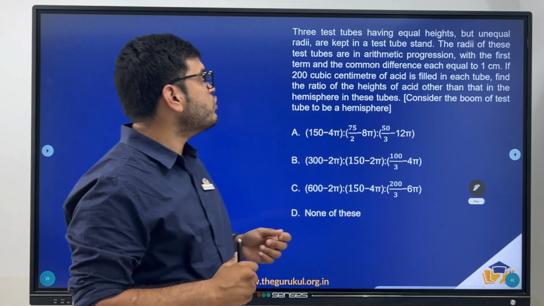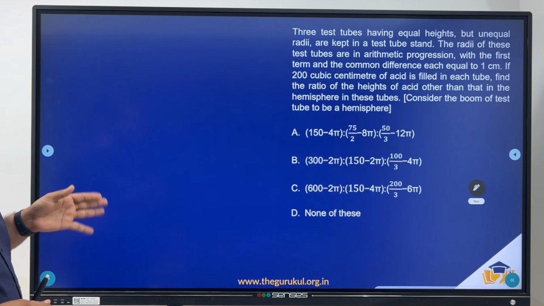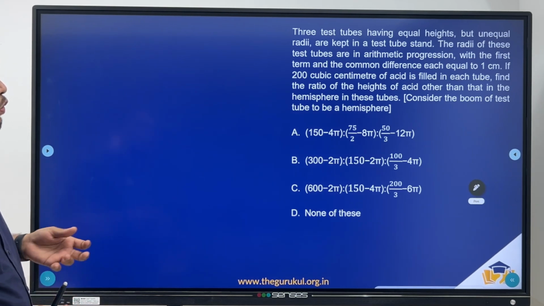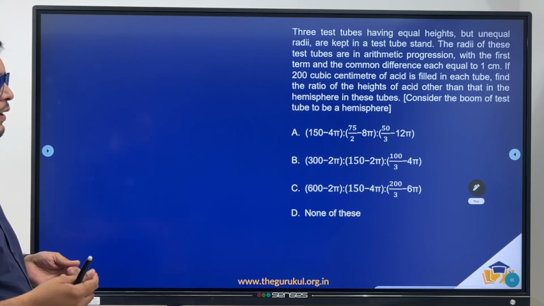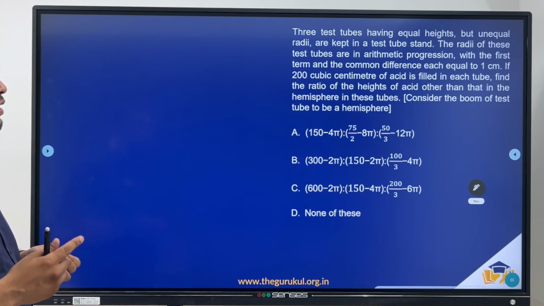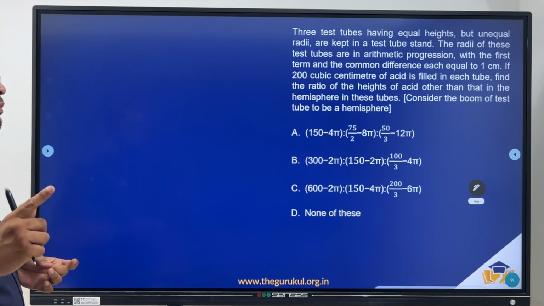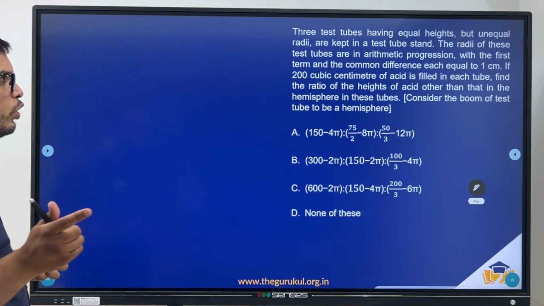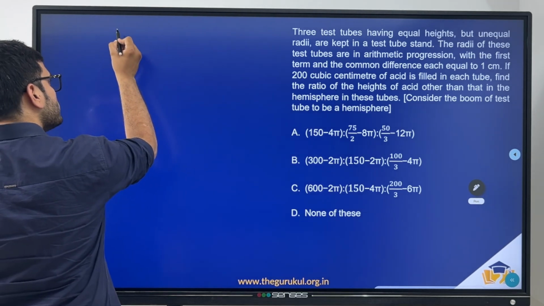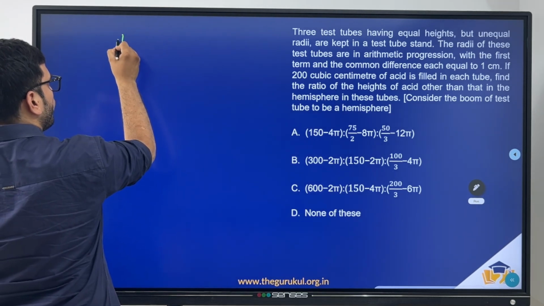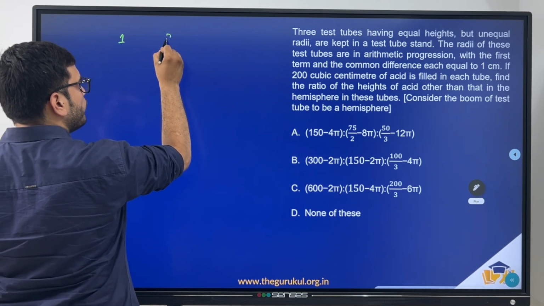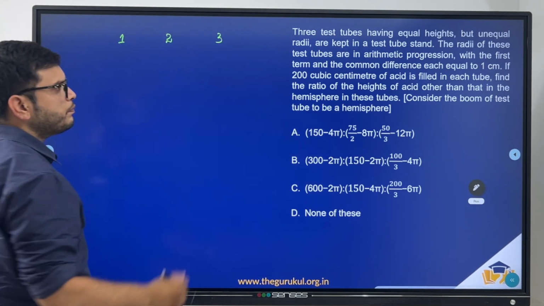Now coming to the third question from mensuration. Three test tubes having equal heights but unequal radii are kept in a test tube stand. The radii of these test tubes are in arithmetic progression with the first term and the common difference each equal to 1. So the radius of the first test tube is 1, the second test tube 2, and the third test tube 3.